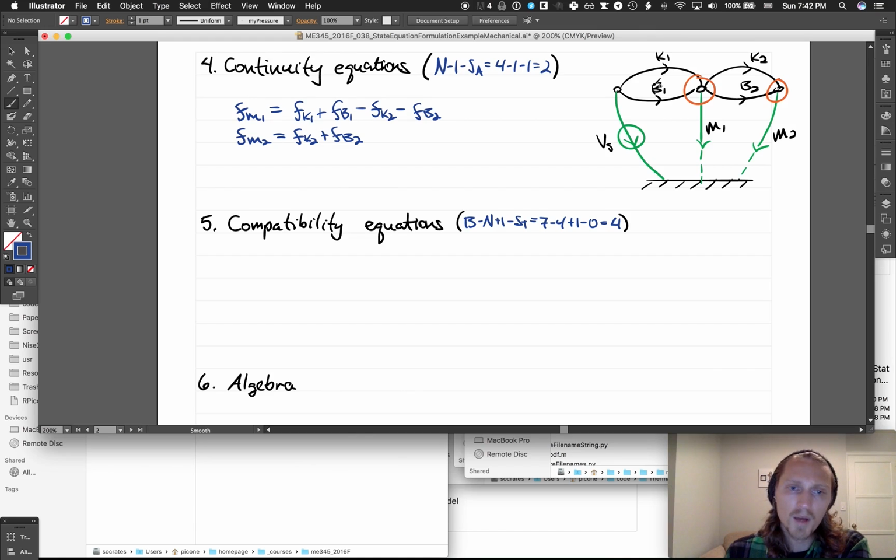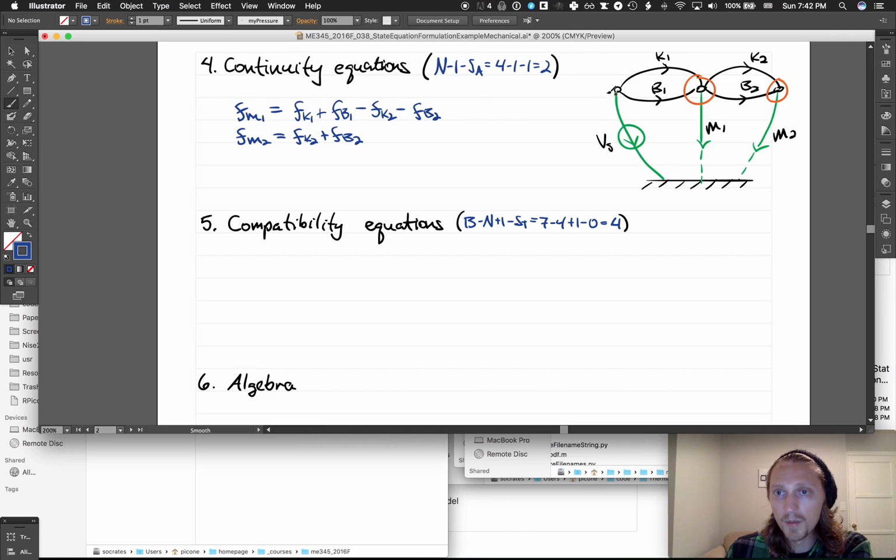So compatibility equation is just like KVL, right? And the continuity equation is just like KCL, Kirchhoff's 2 laws.